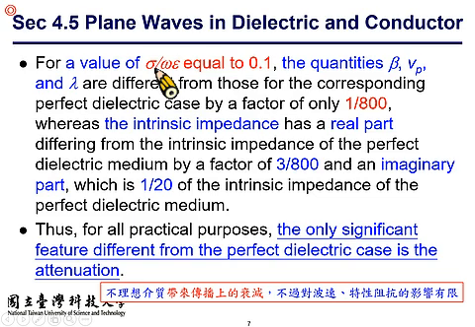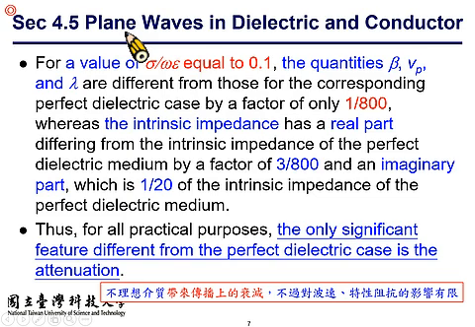So assume that the loss tangent equals 0.1, which is not really small in most material. 0.1 is not a very small number for our everyday solid material, but for the calculation here it's 0.1.